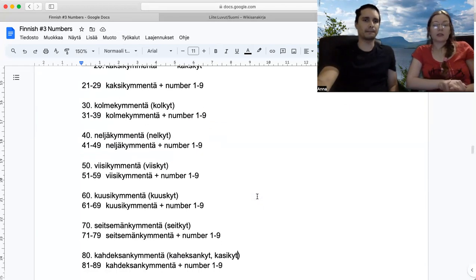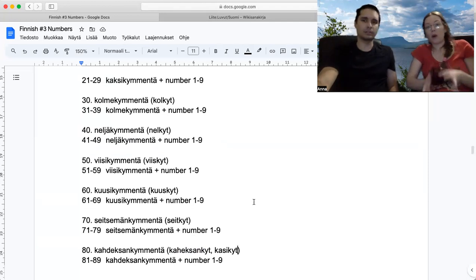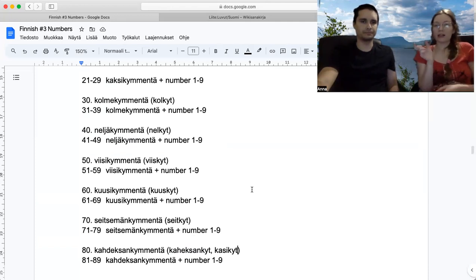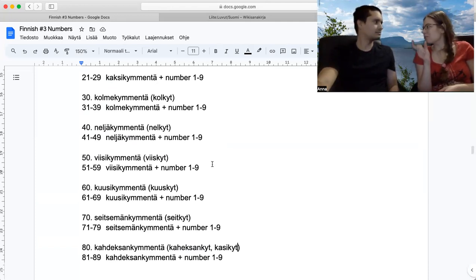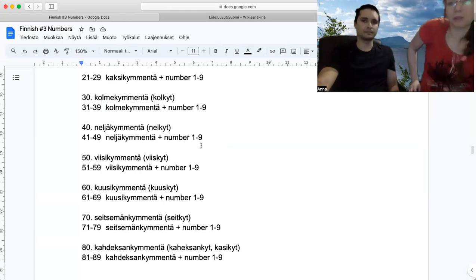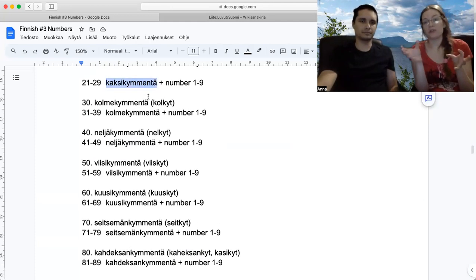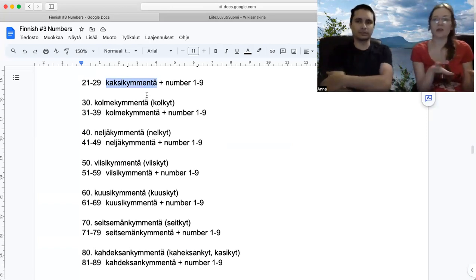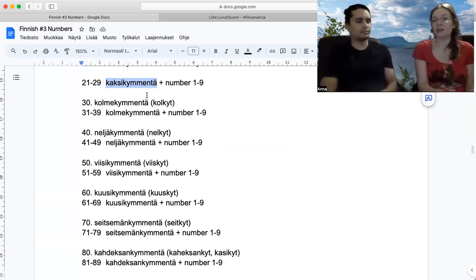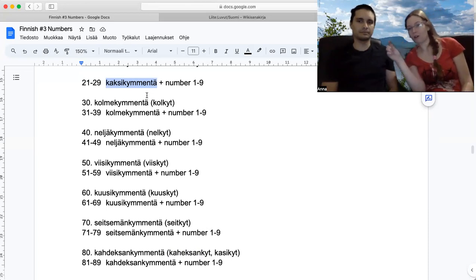Now let's talk about how we say 21, 23, 36, and so on when we add, what is it called, just numbers to those tens. It's quite easy. You say 20 and then you choose the number that you need. 21, 22, 36, and so on. But remember to write everything as one long word.